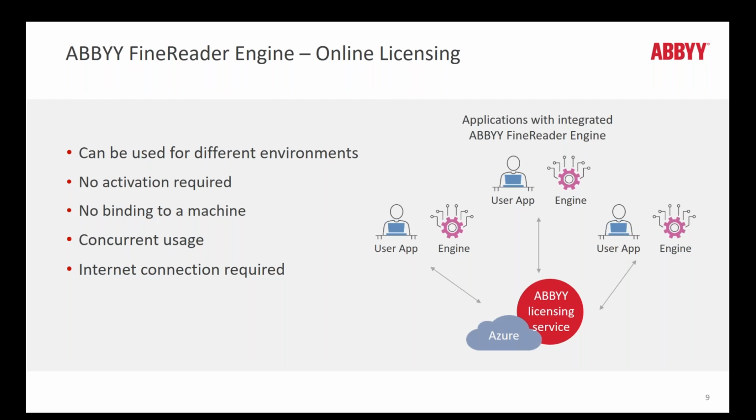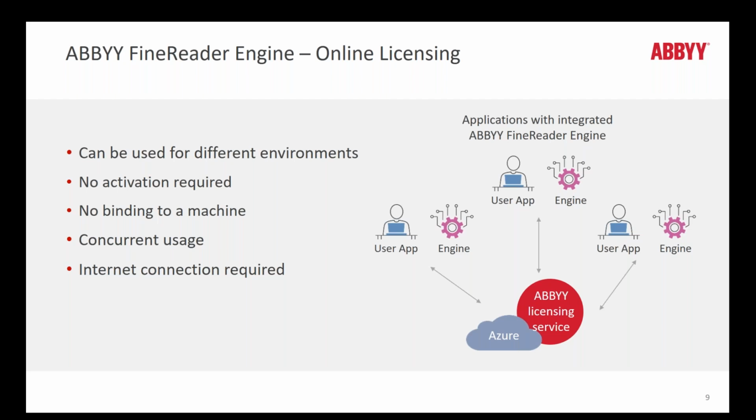The so-called online license, the new license mechanism, was introduced in version 12 of the engine, and it is a special license type originally designed for FineReader Engine usage in virtual machines, Docker containers, and cloud, but actually it can be used in any environment supported by FineReader Engine.